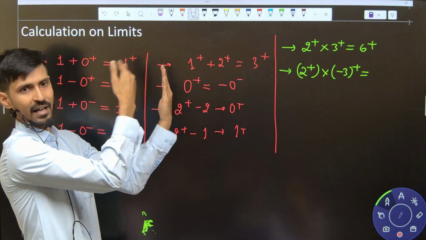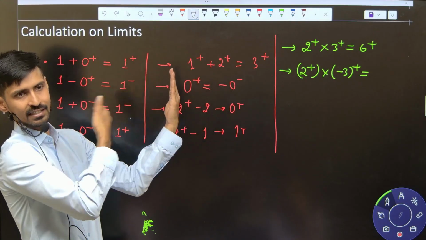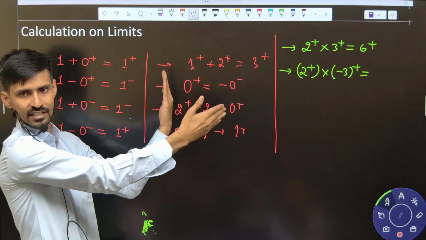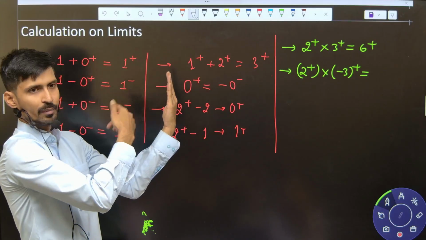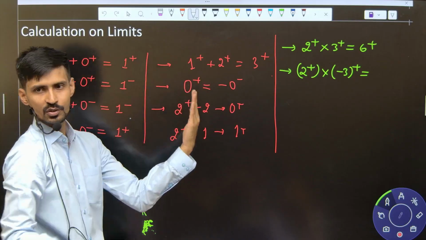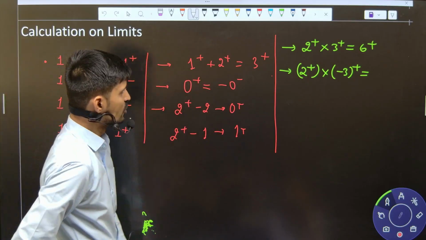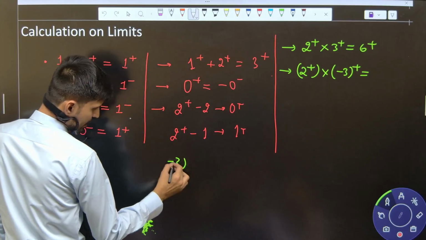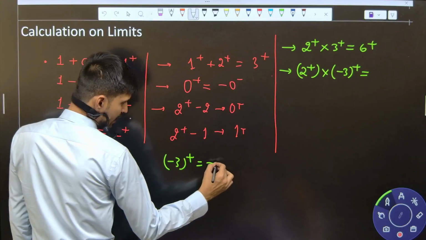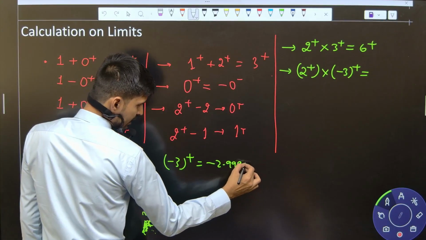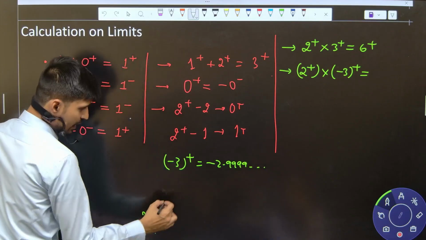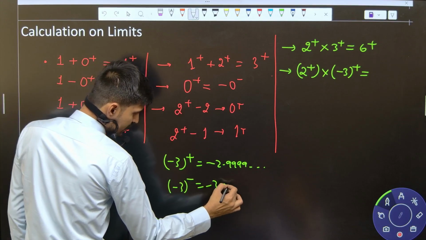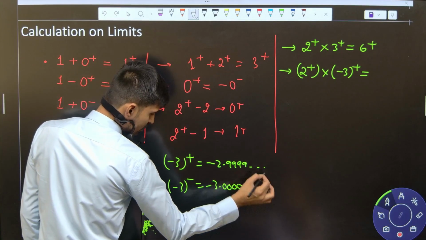And minus 3 minus will be on this side, where the magnitude is increasing, only the sign is different. So this side will be minus 3.000000001. So you can write one more understanding here, sir. Minus 3 plus will be minus 2.999999. And if I write minus 3 minus, that will be minus 3.0000000.